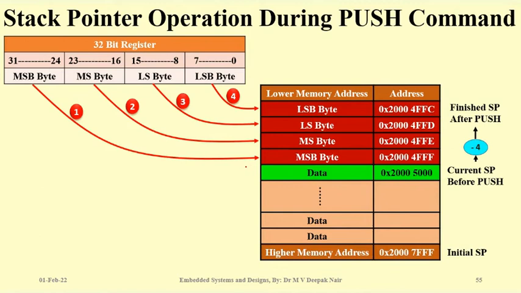The data first entered is the MSB byte. Above that goes the next byte, then the next, then the next.